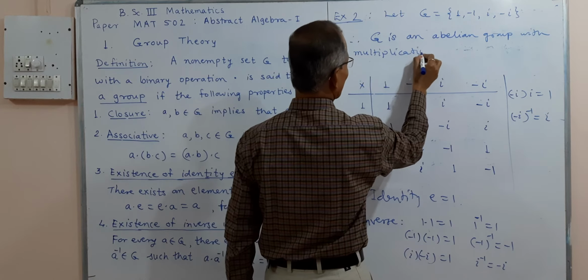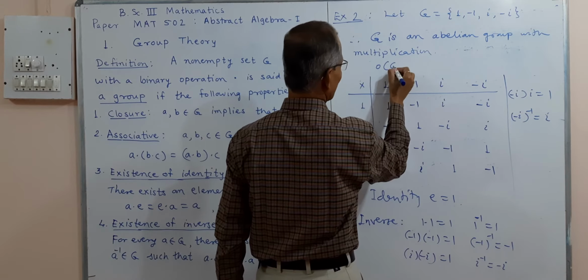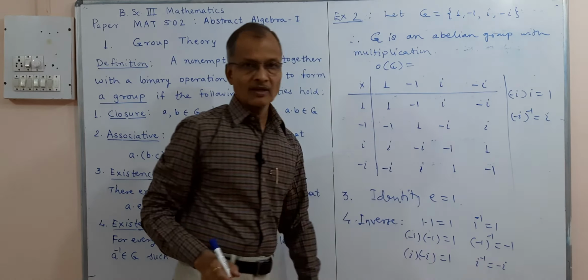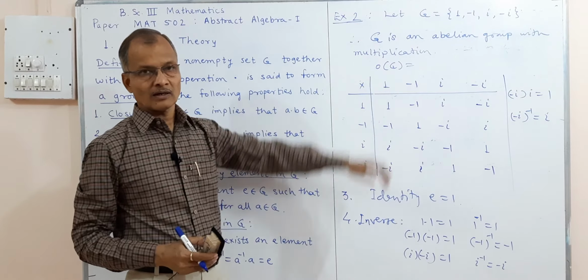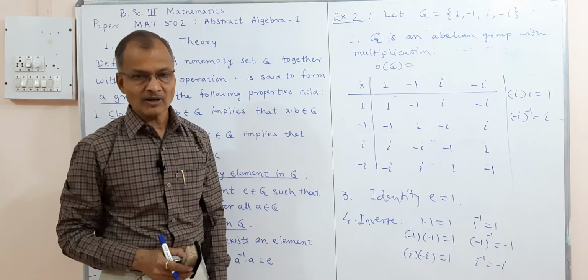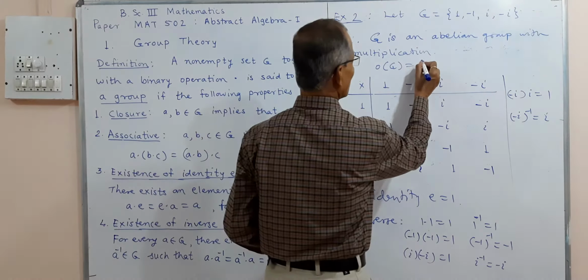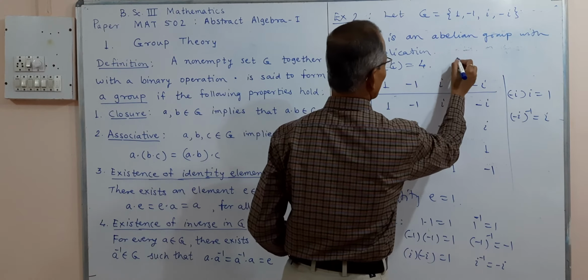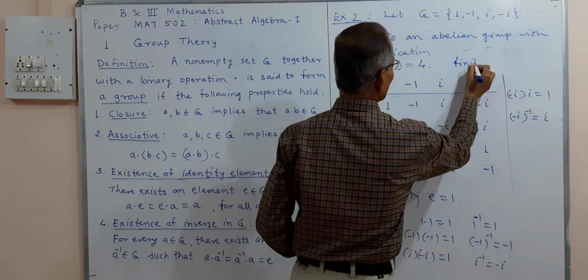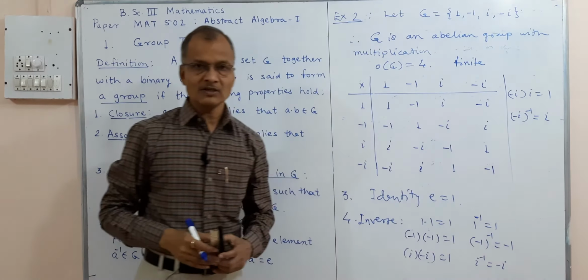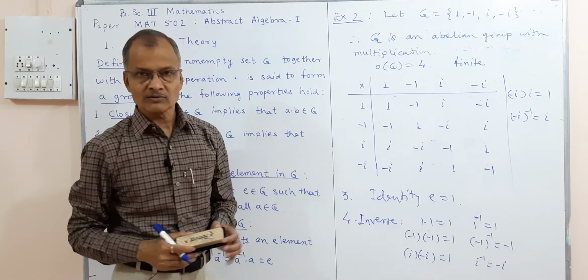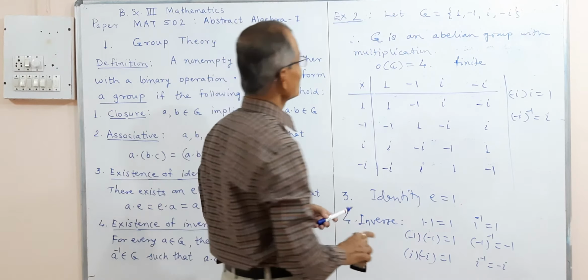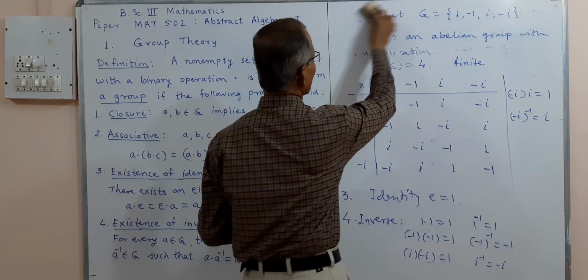The order of G is the number of elements in G. If it is finite, then the order of G is a finite number, and here it is 4. If the group is infinite, like the set of integers earlier, then it is an infinite group and the order is also infinite. So this is an example of a finite group.